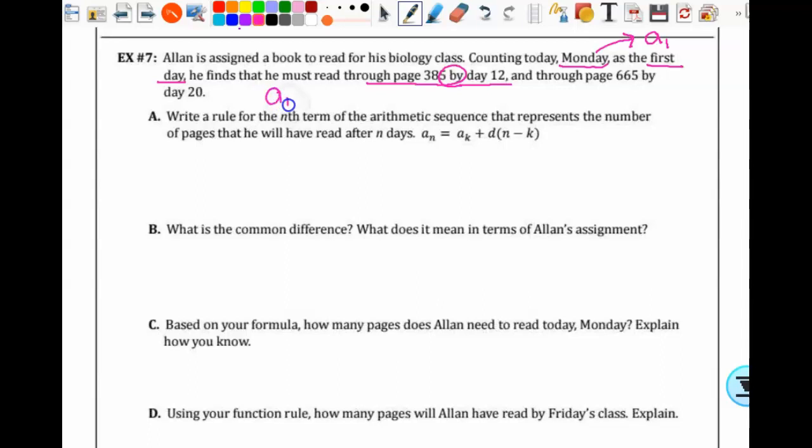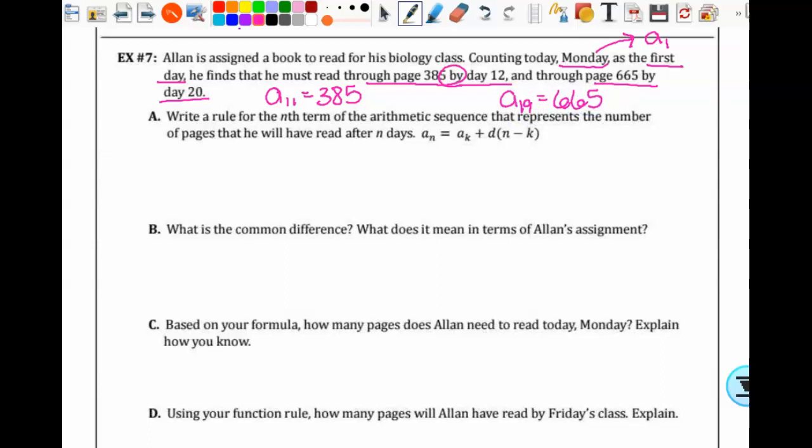That means on the 11th day, he has to have read 385 pages, or he had to have read through page 385. Does that make sense to you? So then when it says through page 665 by day 20, so A sub what equals 665? 19. Okay, does that make sense to you?